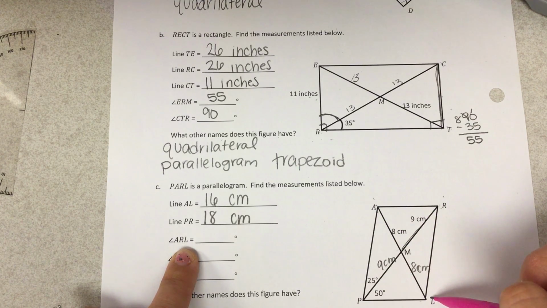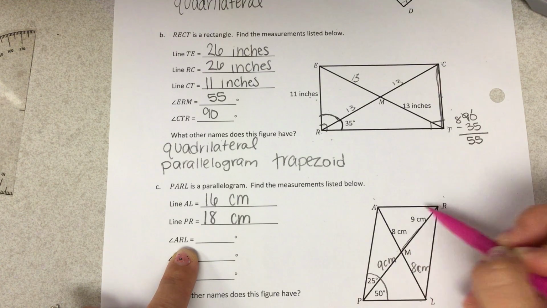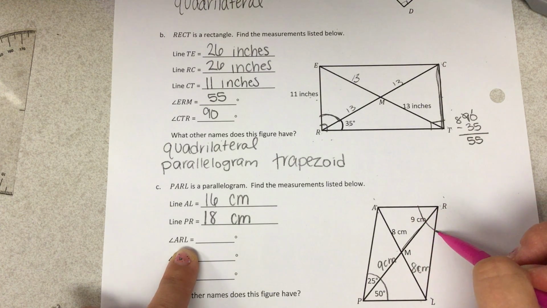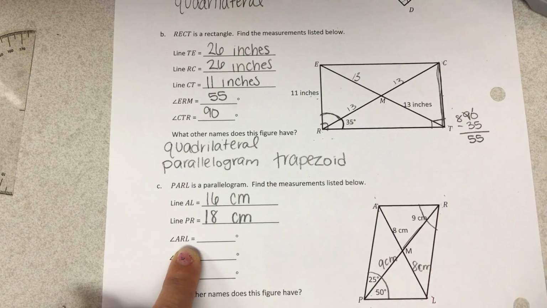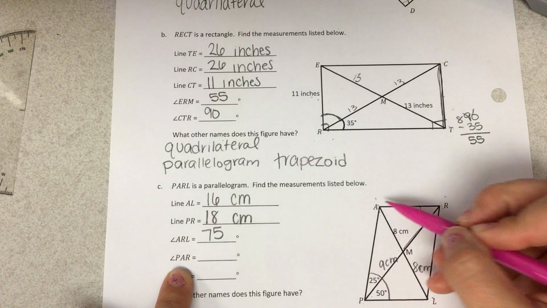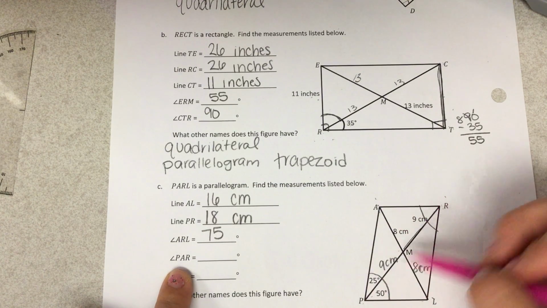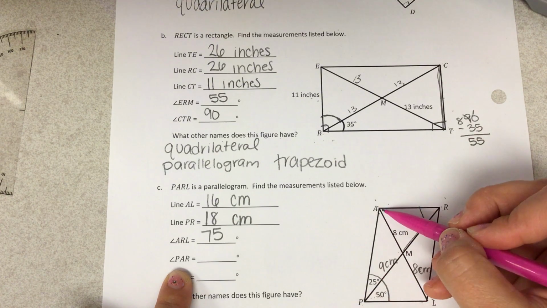ARL. Okay, well here what I know is that this angle right here is 75 degrees, and that this angle right here would have to be the same because the opposite angles are equal. That's going to be 75 degrees. Okay. PAR, I know that these two angles right here would have to equal that 180.